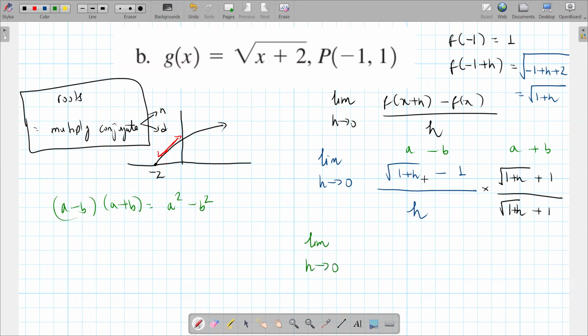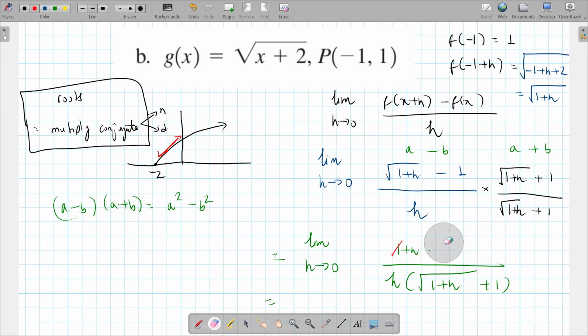So here it'll be a squared, so root 1 plus h squared, which is 1 plus h. The root and the square, they cancel out. So 1 plus h minus what? What's b squared here? It's 1. So now this and this cancels out.